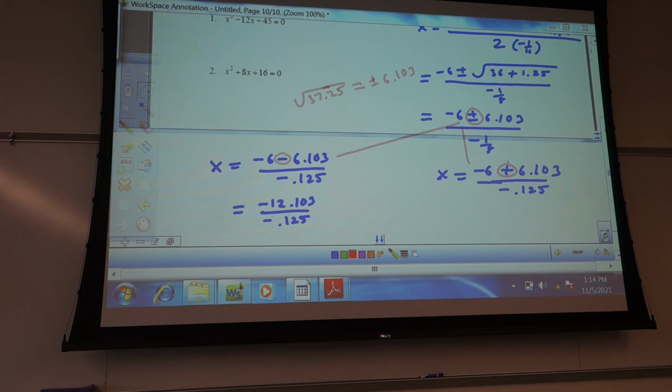So you divided to get the 0.125, the 1/8? Yeah, you just divided negative 1 by negative 8. Right. So you get 2 answers? 2 answers. Okay.